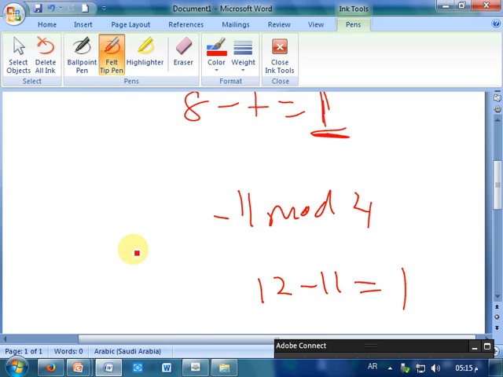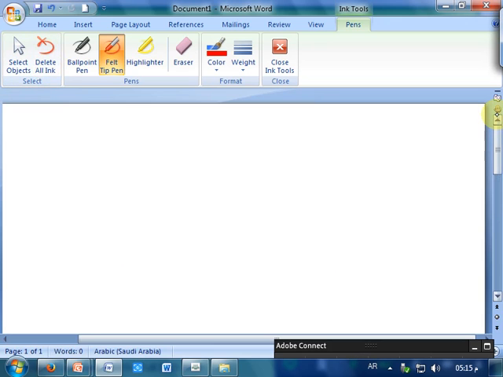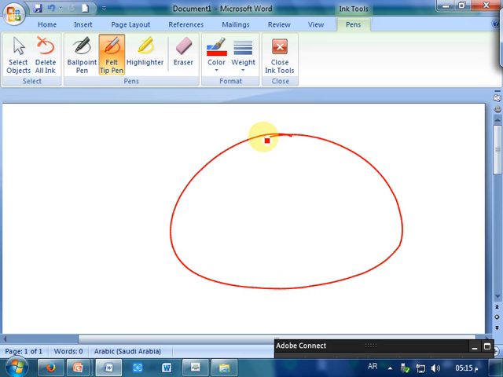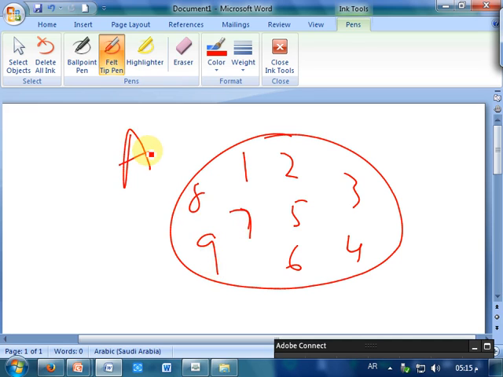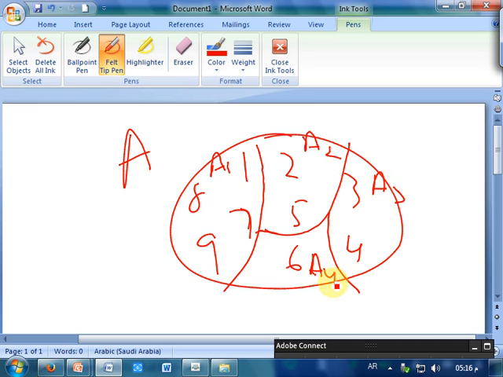For example, if you want to do the partition of a set with the elements 1, 2, 3, 4, 5, 6, 7, 8 and 9, call it set A. I'll make this one partition, this partition 2, this partition 3, and this one partition 4. So it is A1, A2, A3, A4.